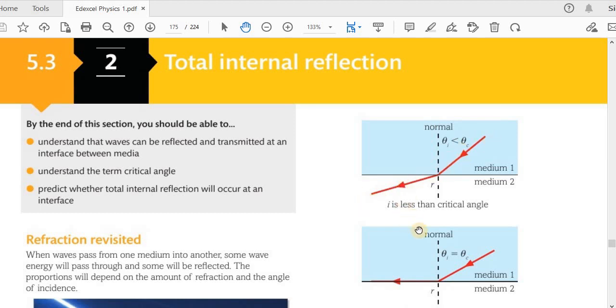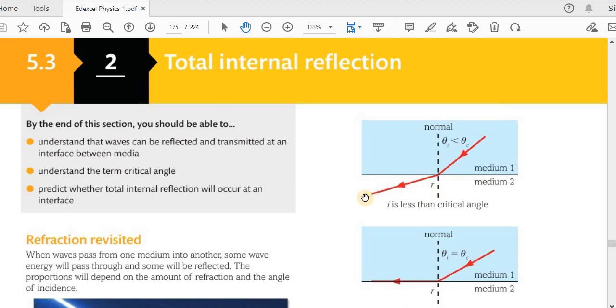You learn this when you learned about refraction: the angle of incidence, the angle of reflection, the angle of refraction. Always these three angles are formed between their ray and the normal. For example, this angle here is the angle of incidence, because it is the angle between the incident ray and the normal. Whereas this angle here is the angle of refraction.